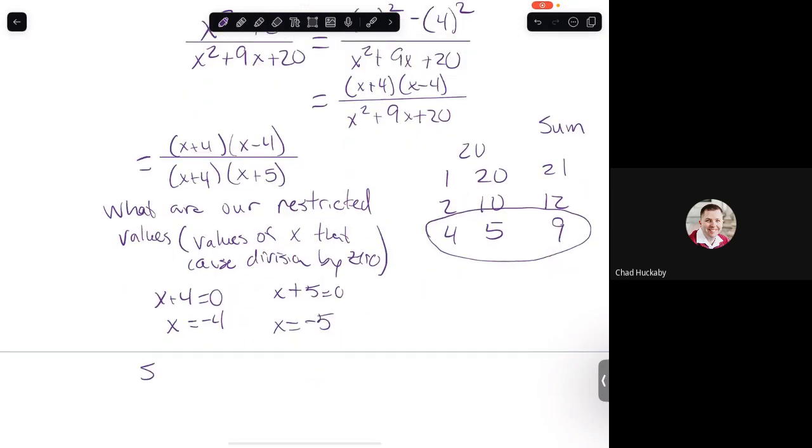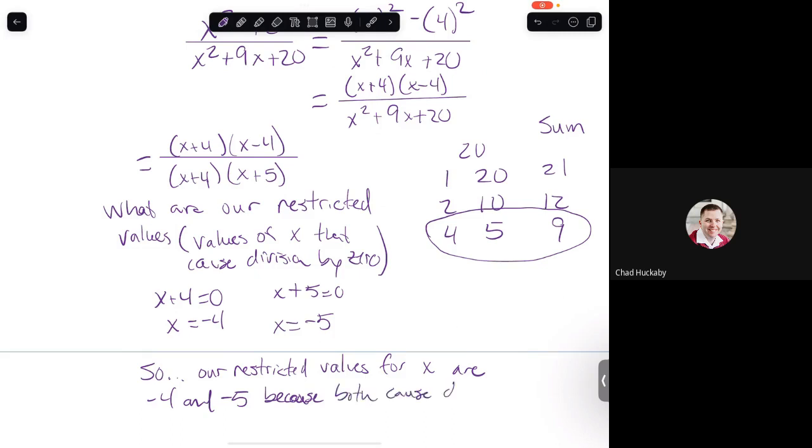So our restricted values for x are negative 4 and negative 5 because both cause division by 0.